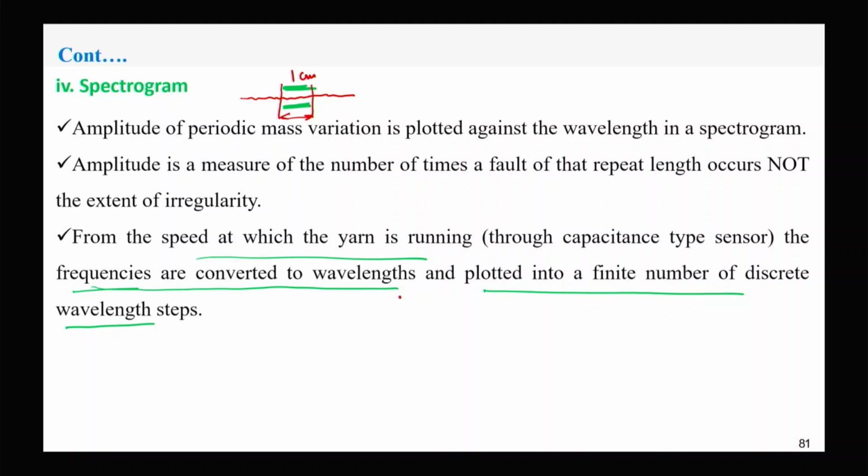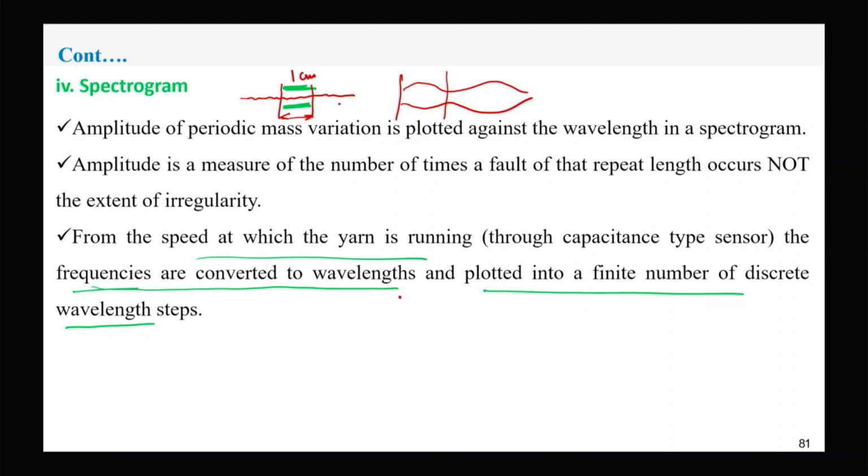The capacitance value is proportional, so it identifies the mass value, and depending on the speed, it can identify the wavelength. So depending on the change in mass, it identifies the wavelength.